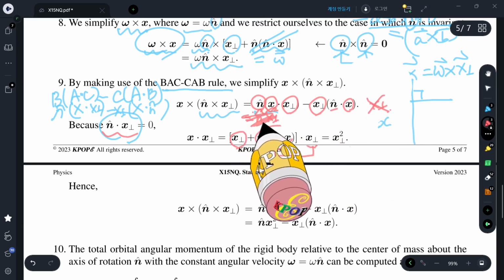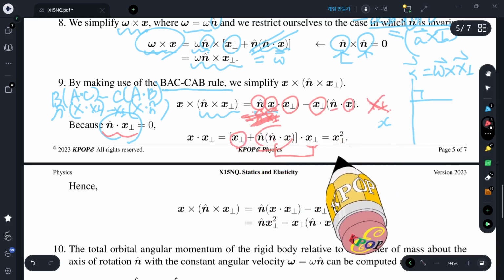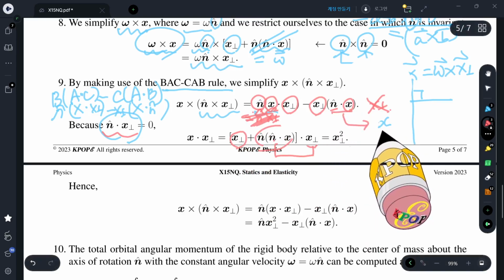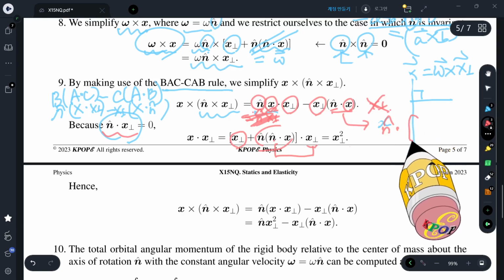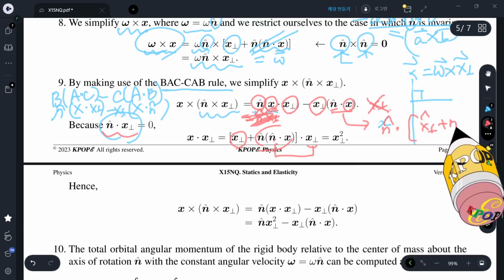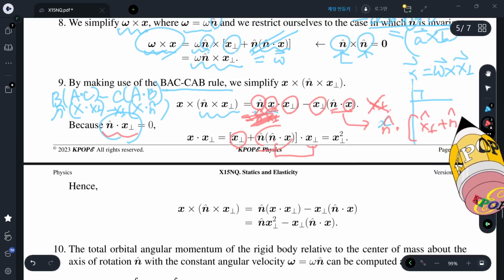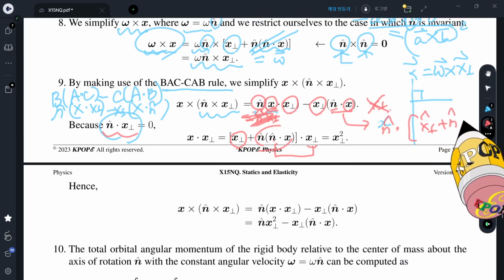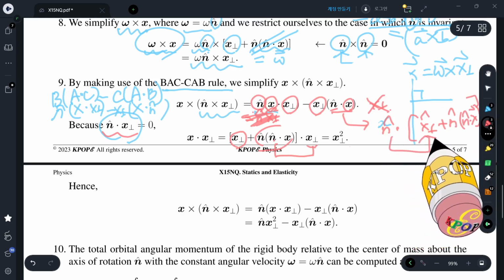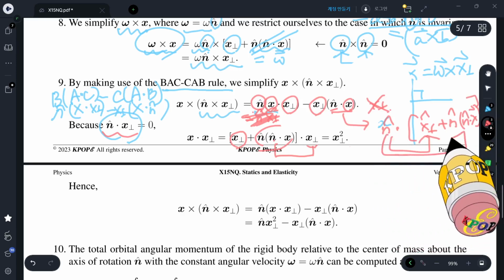So we do the calculation, and here I have n dot x perp plus n hat x perp. So that n hat dot x. Okay, and this one vanishes, but this one does not vanish.